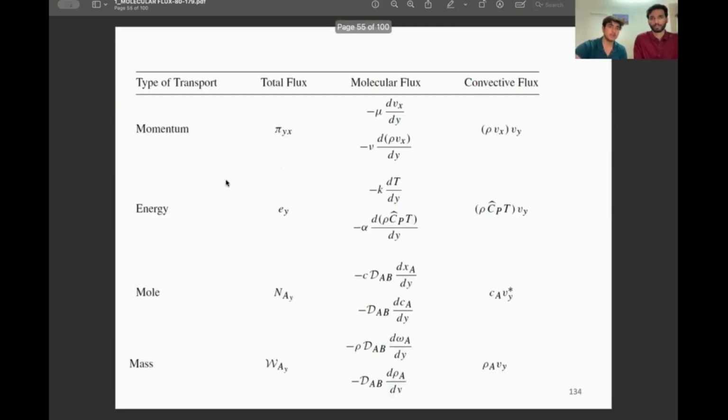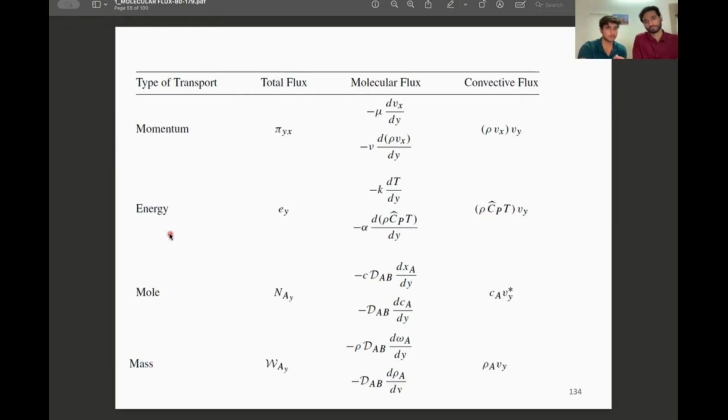Now moving on, let's tabulate everything into one picture: the type of transport phenomena against the total flux, molecular flux, and the convective flux. For momentum, energy, mole and mass, different total flux, molecular flux, and convective flux are given.